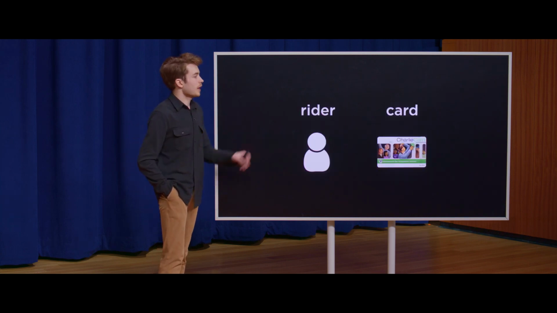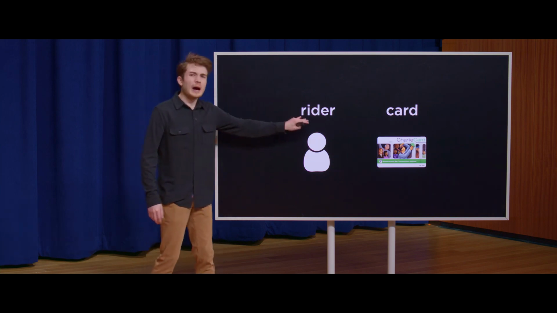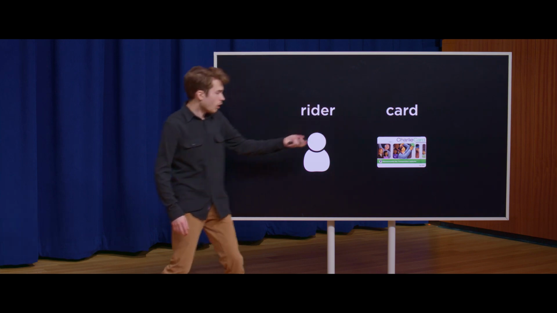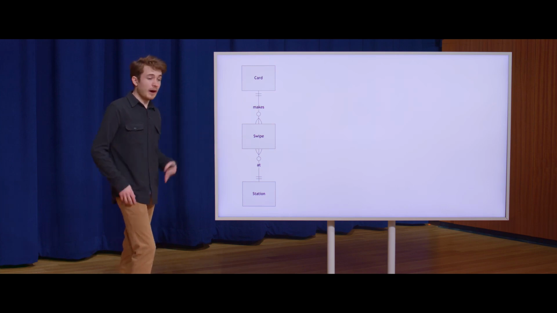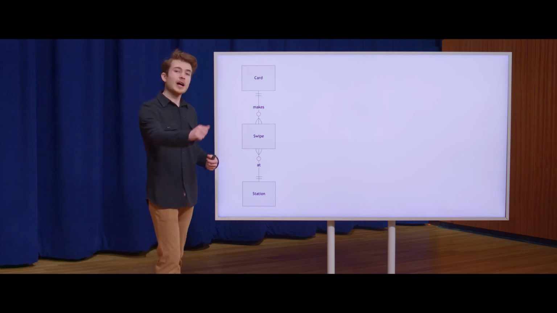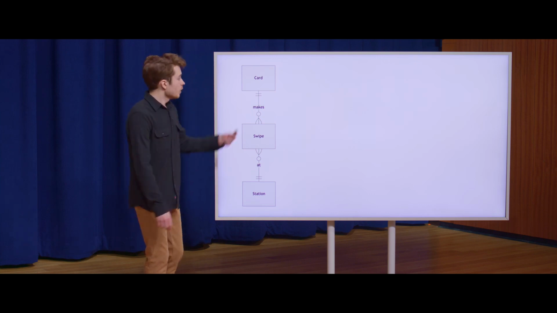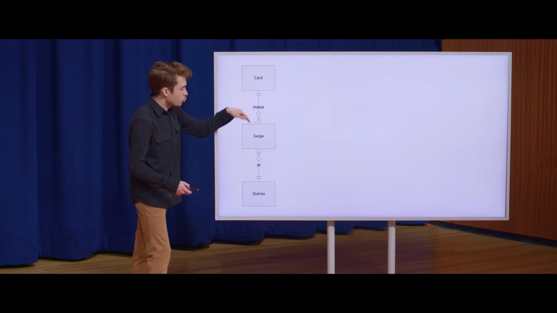Well, we saw before, we had riders and cards, but our goal now is to remove riders from the picture and focus only on cards. Cards, as we've seen, might make a swipe at a station. If I enter Harvard Station, I might swipe my Charlie card to enter that station. And we could see that a card would have maybe many swipes involved.